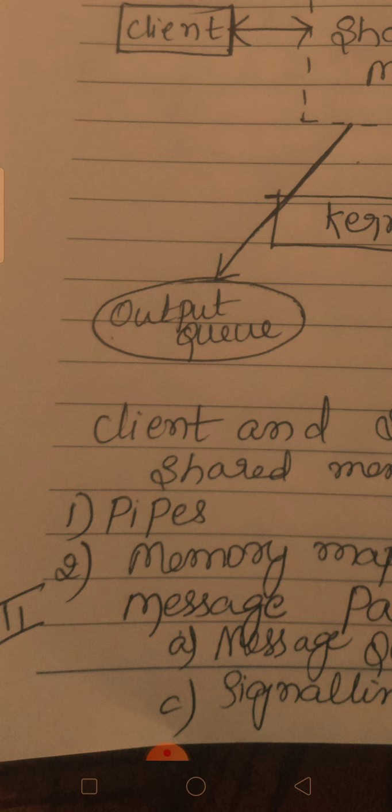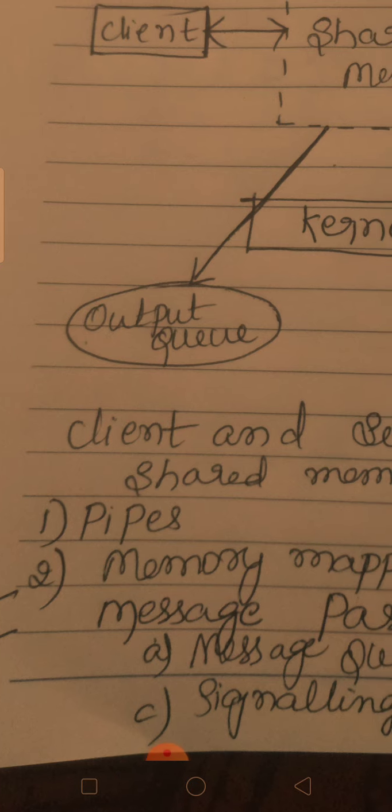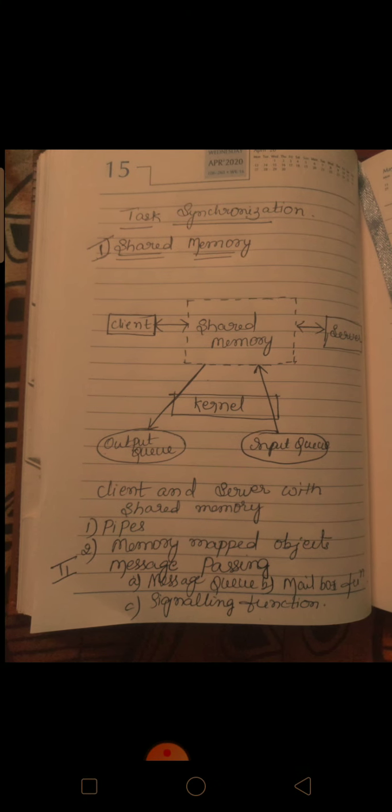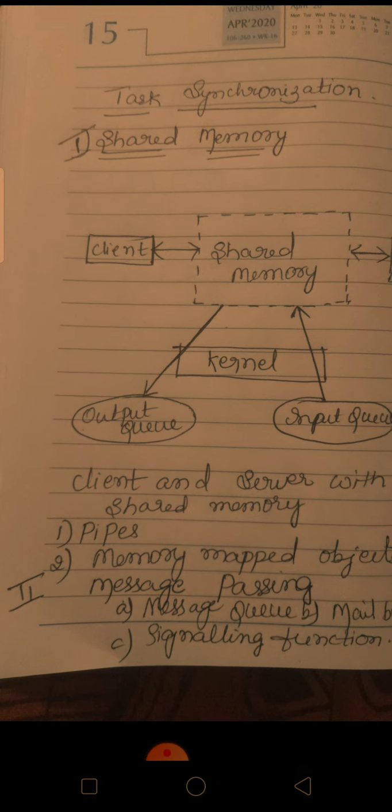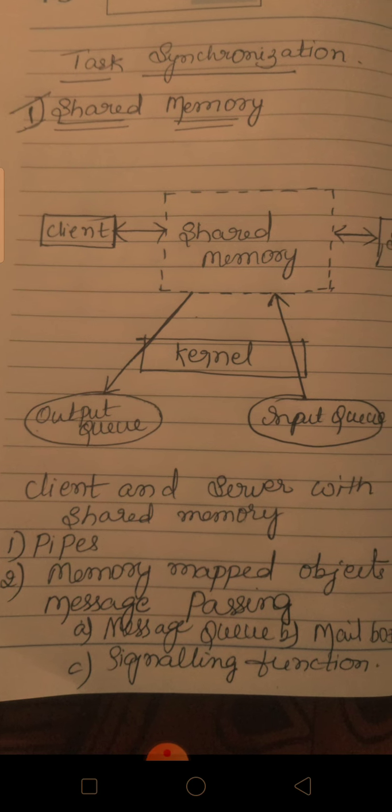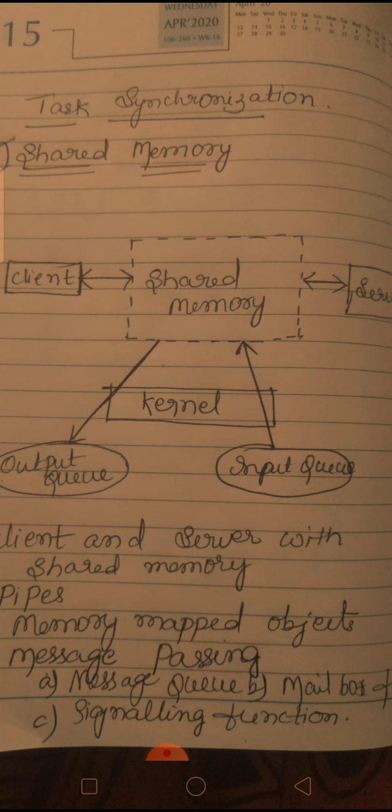Next is memory mapped objects. This was a brief explanation on pipes. What are memory mapped objects? Memory mapped I/O, input output, uses the same address space to address both memory and I/O devices.